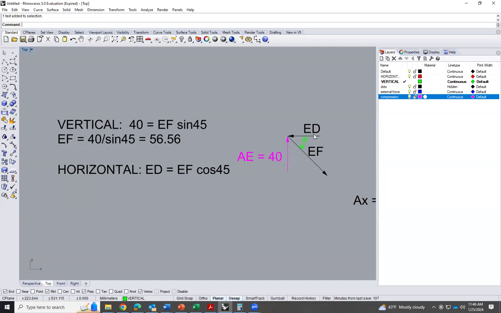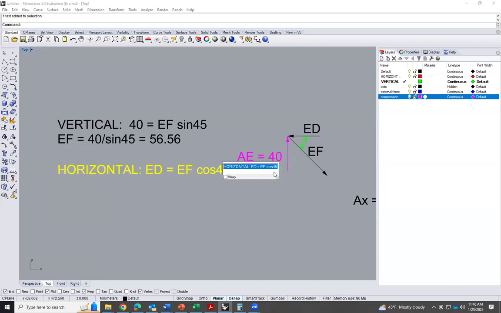Now, how much is ED? So ED equals EF times cosine 45. EF is 56.56. Well, I think I have something wrong here.